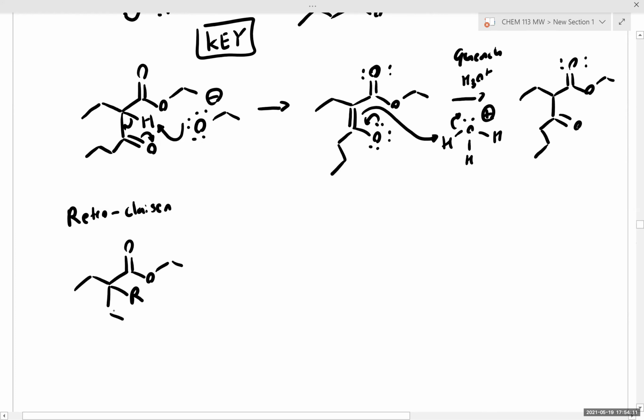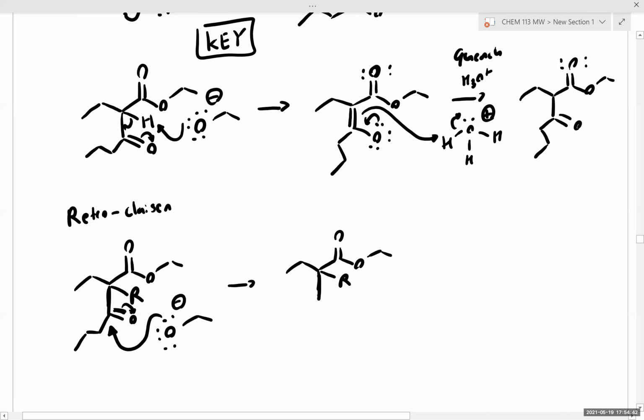Suppose rather than a proton, we have an R group present. Well, if we think about this carbonyl for a moment, this carbonyl is relatively electrophilic, right? So then if we have ethoxide floating around, then ethoxide, being a nucleophile, can easily attack the carbonyl carbon, right?